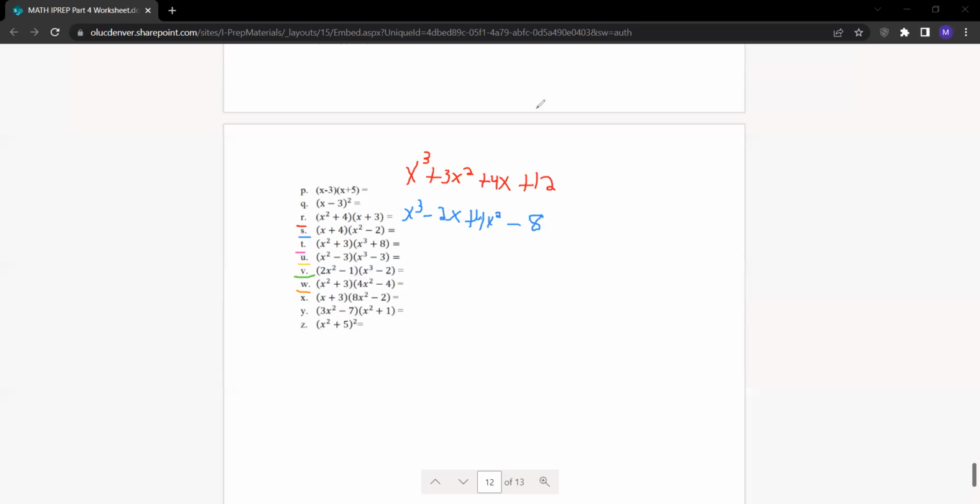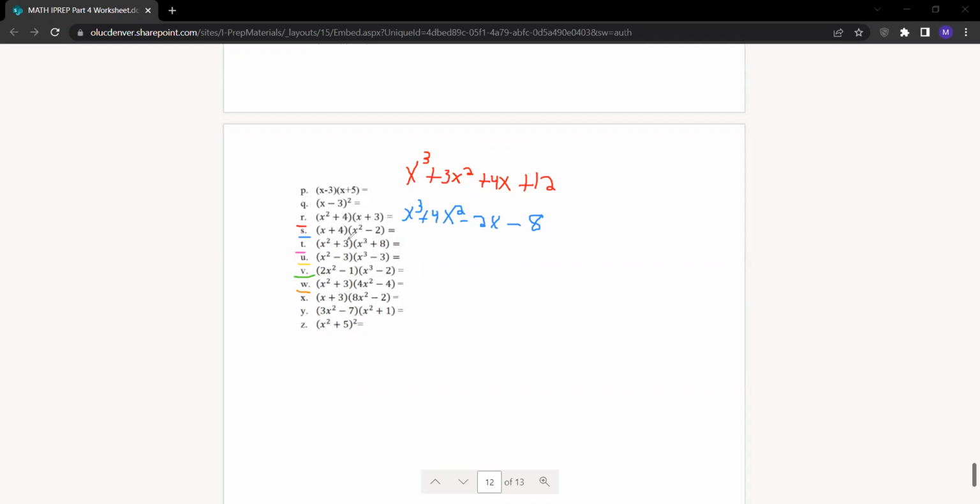So you could reorganize this in the middle if you'd like, so that it's in order of our highest exponents, right? So it goes 3, 2, 1, 0. So in that case, it would be plus 4x squared minus 2x. And that's the final answer for that one.